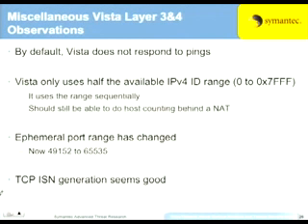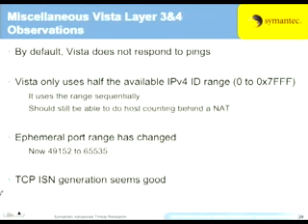Just a few miscellaneous observations from Vista. By default, it does not respond to pings, unlike XP, although if you turn on file sharing, it will. The IPv4 ID range: Vista only uses half of it for some reason or other. It only uses 0 to 7FFF.